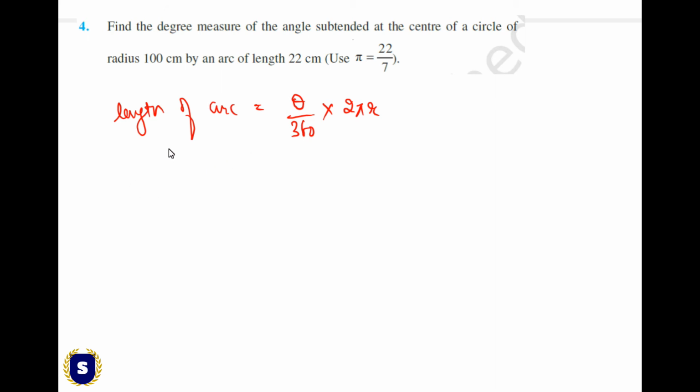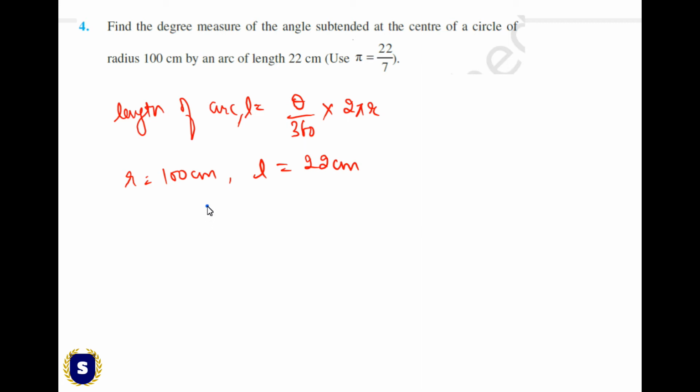What we have given here, radius of the circle we have given 100 centimeter, and the length of the arc is L. It is also given as 22 centimeter. We have to calculate the theta. Such a simple question.